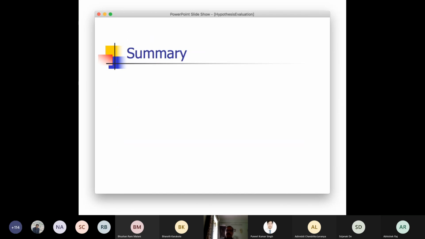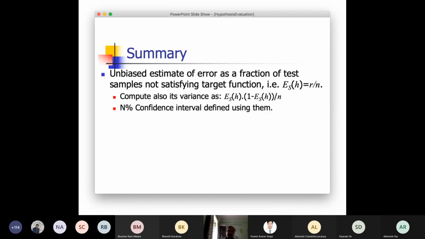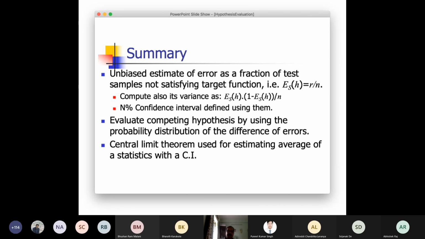Just to summarize, in this case our error estimate is unbiased because of this theory, and we can also compute its variance by modeling it as a Bernoulli process. We can also compute the confidence interval, and also evaluate competing hypotheses, again using similar probabilistic analysis.